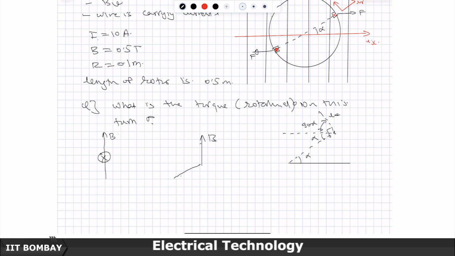If you use the right handed screw, V, B, and then the index finger is pointing out, middle finger is pointing outwards, or if you take the right handed screw and take from V to B, the force will come out like this. So basically it will tend to drive the omega in this way, is it not?